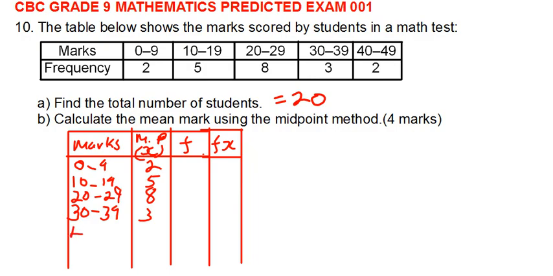And 40 to 49, the frequency is 2. So that is the end of the data we have been given. The next one is fx.